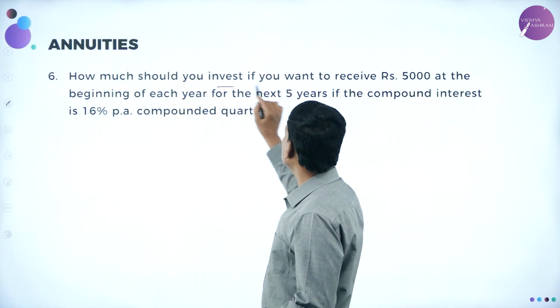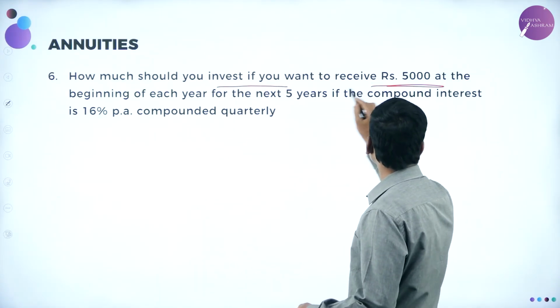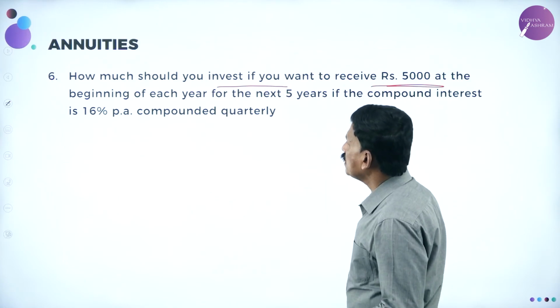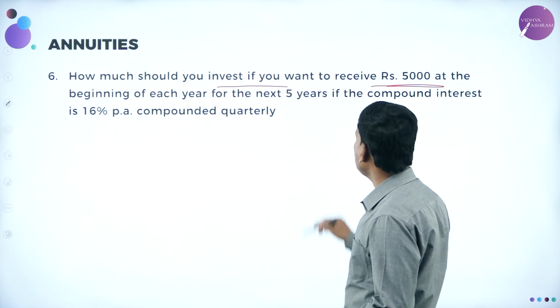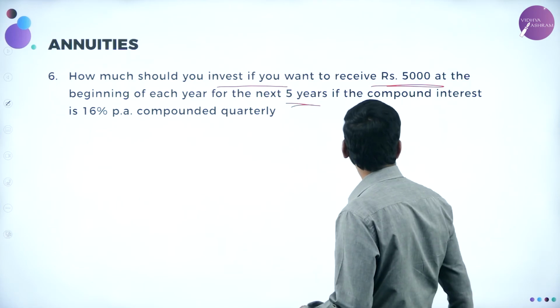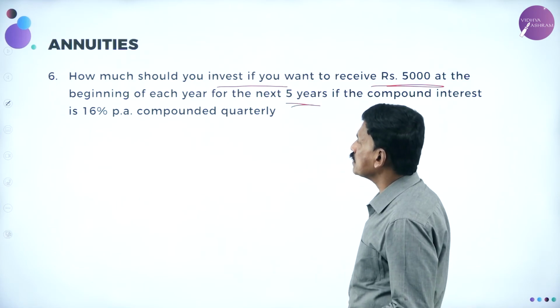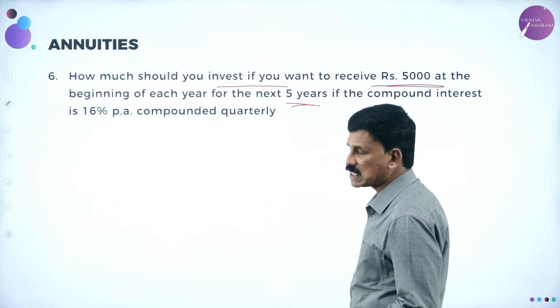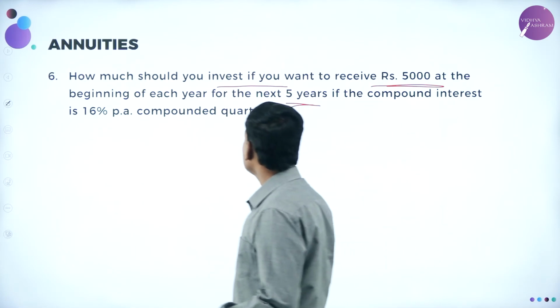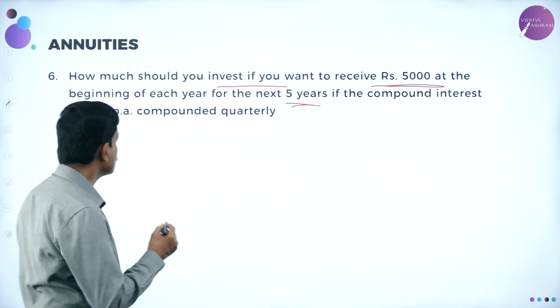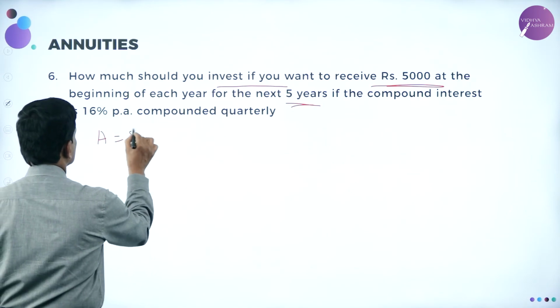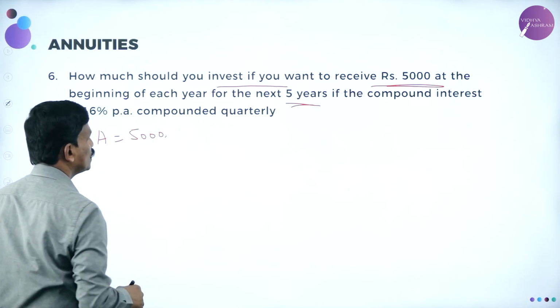How much should you invest if you want to receive rupees 5000 at the beginning of each year for the next 5 years? Number of years is 5. The compound interest is 16% per annum compounded quarterly. Now here, what is given? Amount is equal to 5000.